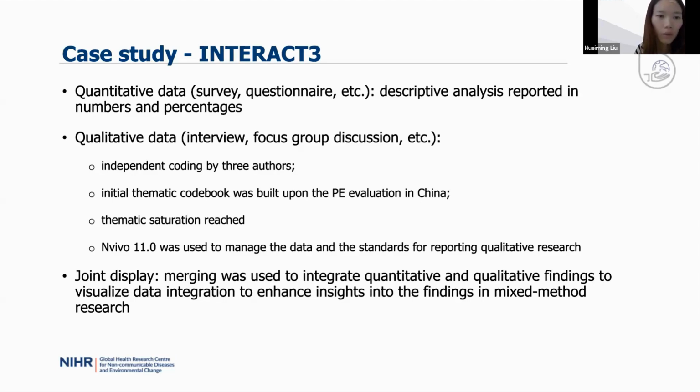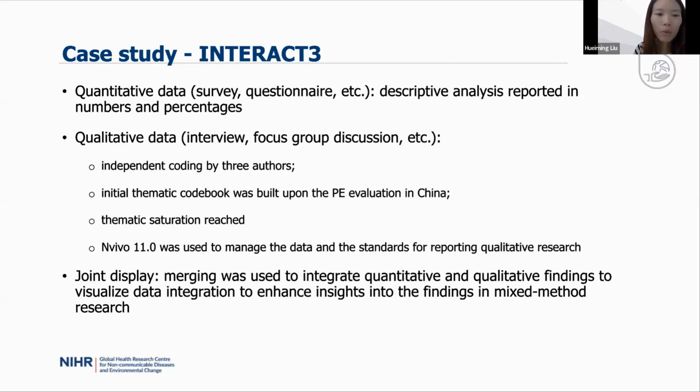And for the qualitative data, it's mainly from the interviews and focus group discussions. As mentioned before, Interact 3 has a Vanguard phase and also a rollout outside of China after the Vanguard phase. So we had an initial thematic codebook, which was built up from the Vanguard phase. In the Vanguard phase, the coding method we used was much more inductive, because it was from the very beginning.